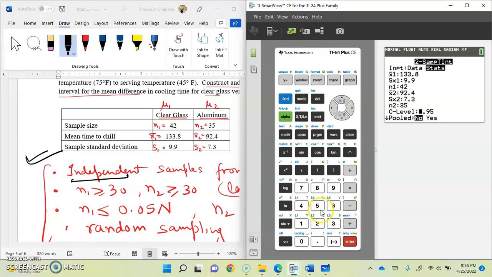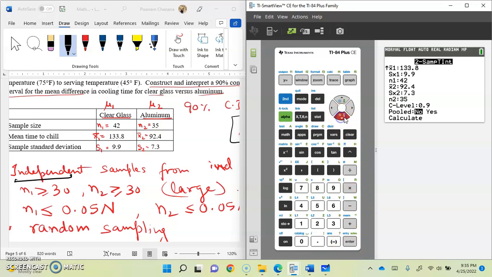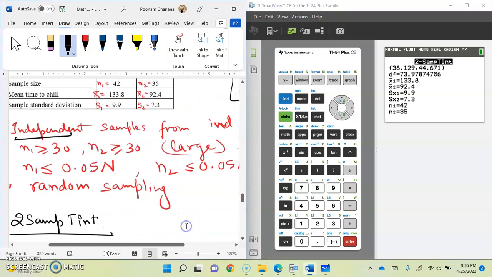Confidence level is 90%, so 0.90. The data is not pooled, so press calculate and note down your confidence interval.